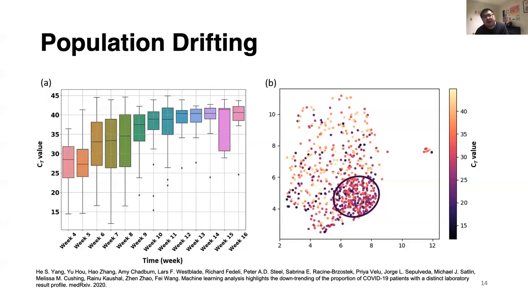We use a density estimation method to draw a minimum enclosing ball to identify this region, and we calculated the lab test result profile for the patients within this region. We call it a representative profile.